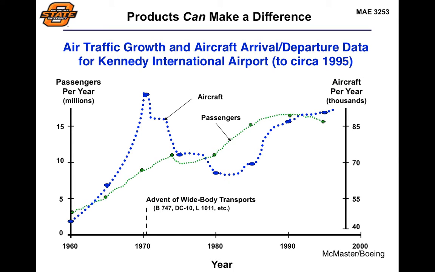And part of this was looking at their market. Say, well, if we look at the history of the number of aircraft and the number of passengers over a year, those two things may not always necessarily track with one another. And what you can see here is as passenger growth increased in time through the 60s and the early 70s, the number of aircraft also increased. And then the wide-body transports were put into service. And that actually reduced the total number of aircraft that were in service.